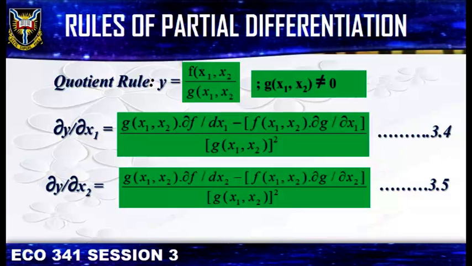Partial dy over partial dx2 is equal to 17x1 over (5x1 + 3x2) squared.